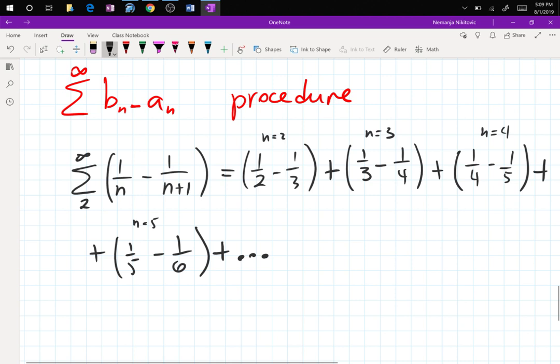So what I'm going to do here for this series is pretty much the same trick. Instead of calculating all the way to infinity, I'm going to calculate to some finite number, let's say k, and then I'm going to send k to infinity.